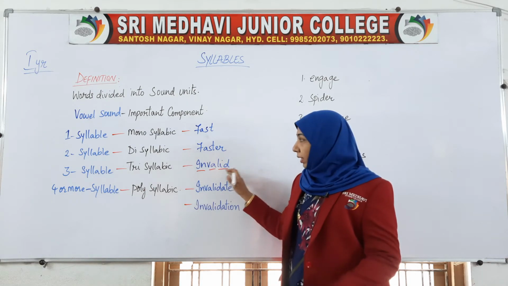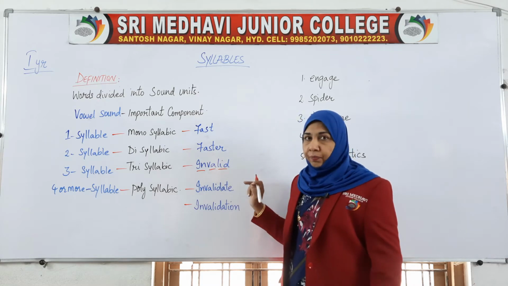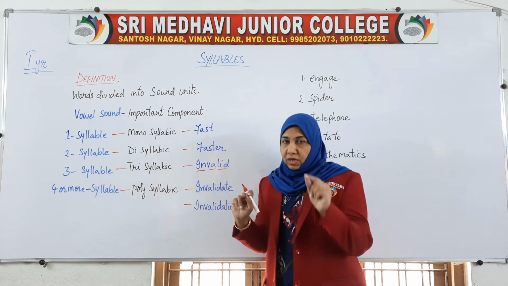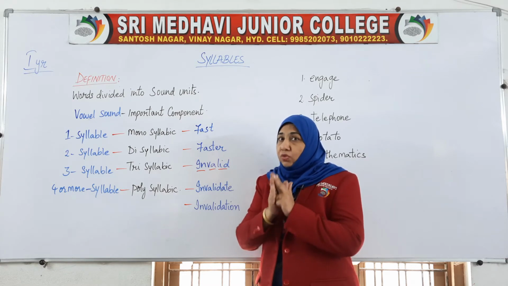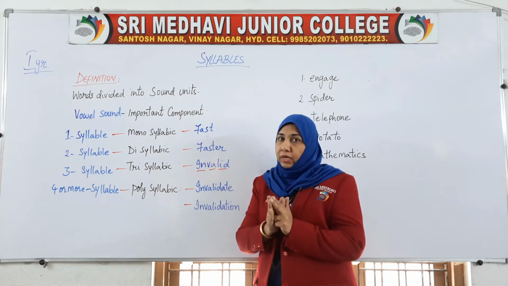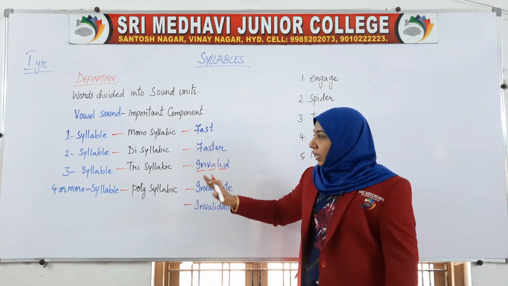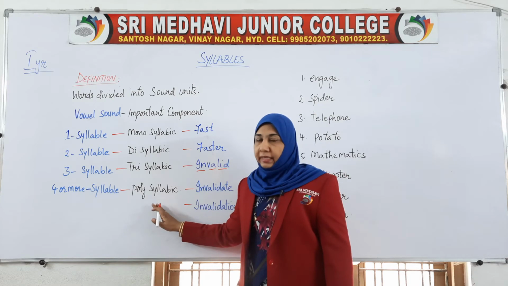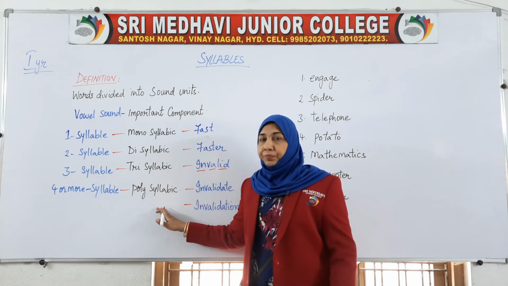This again, if you look, you can find out the vowels. Vowels give the sounds. Especially when you are talking about syllables, the vowel is the most important component in syllable identification. Now when we have more than three syllables, we call them polysyllabic.